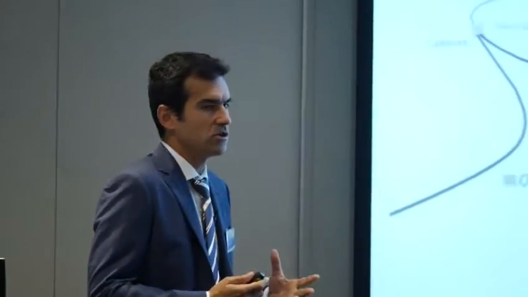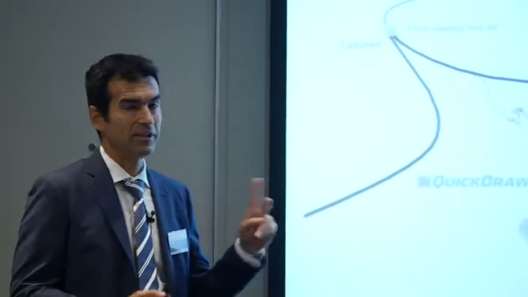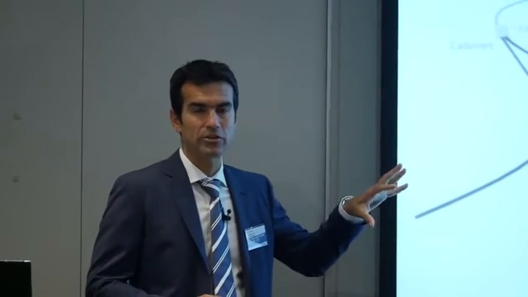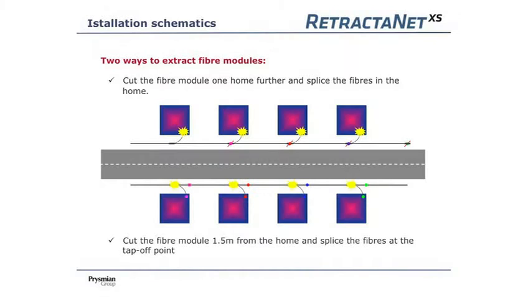So now, after we understood the concept, which in the end I could have done in 2 slides, let's have a look at the outdoor application, which goes under the name of RetractaNet. You have mainly two basic schemes of using the cable. Always you first lay the cable. I want to repeat again the fact that you don't need any loop, meaning you don't need any pit.